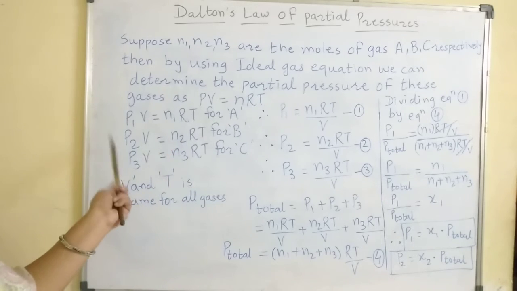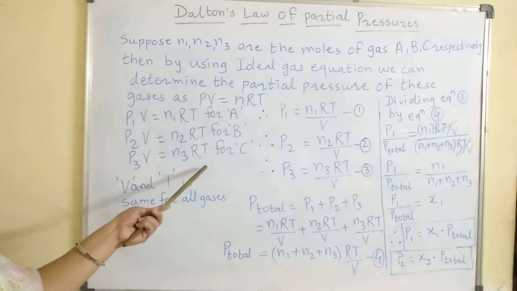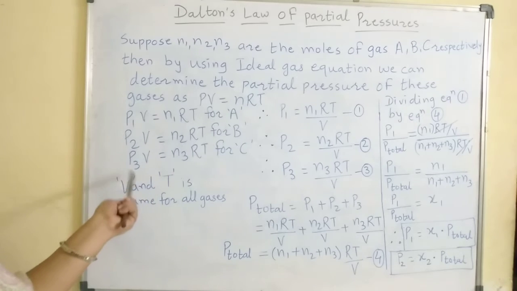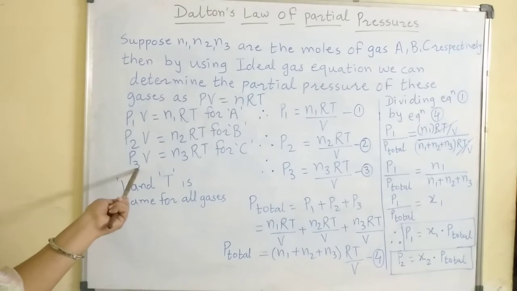For gas C, P3V equals N3RT, where N3 is the number of moles of gas C and P3 is its partial pressure.